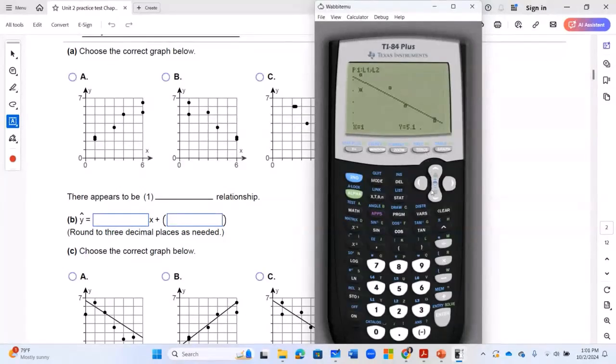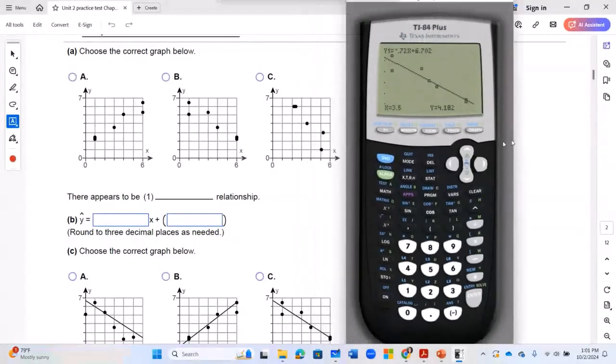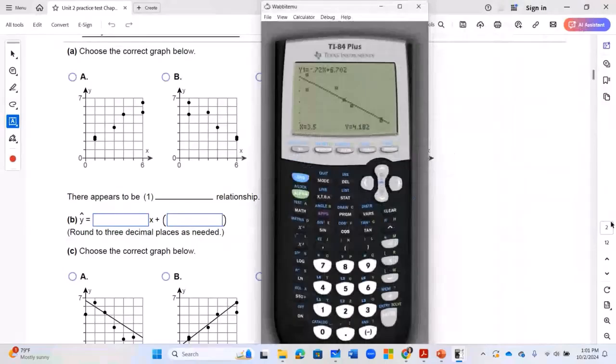If I push trace, actually the equation will show up also. And then let me go and see which of them look like my line of best fit.